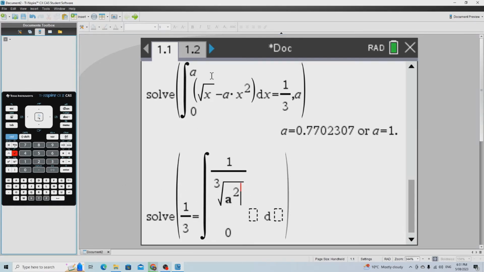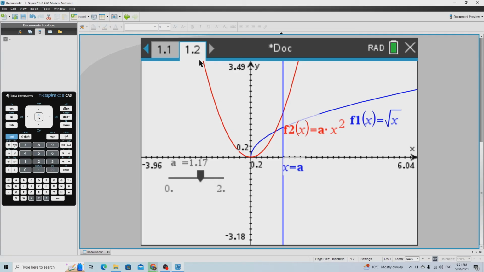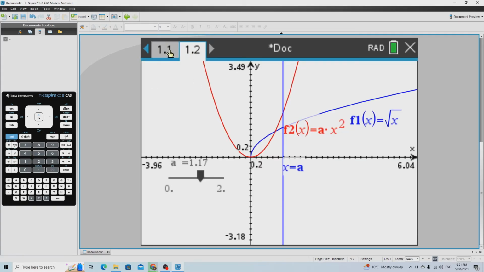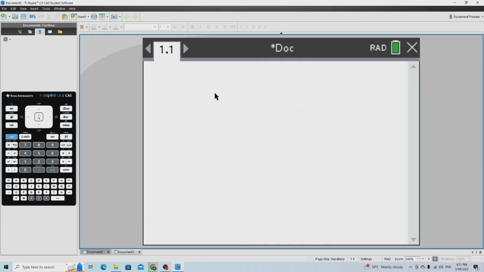Okay, I need to make sure to do something here. I need to delete this graph because a is already defined now. So I control N, and let me just redo it again.